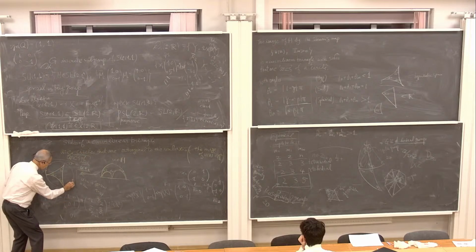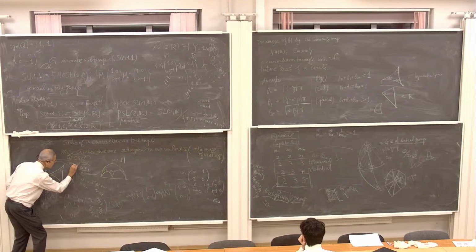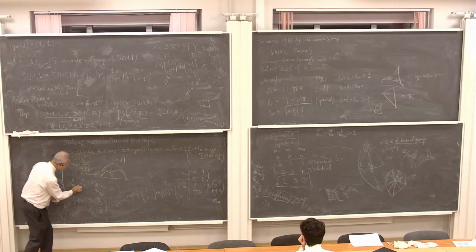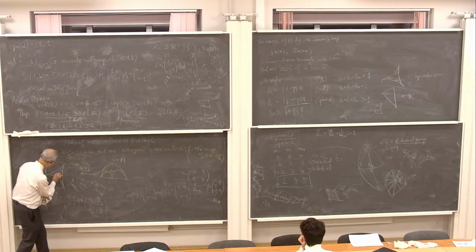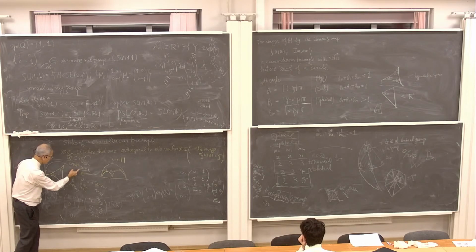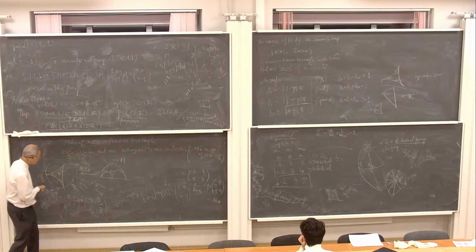This will be V of infinity, and this is V of 0. And u equals I will be the center, the origin. V of I will be the origin.